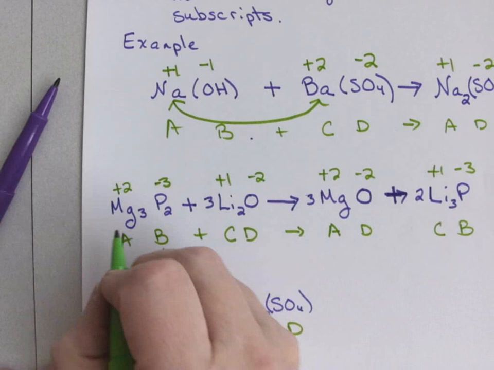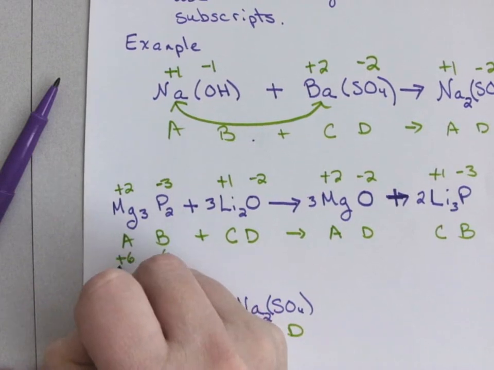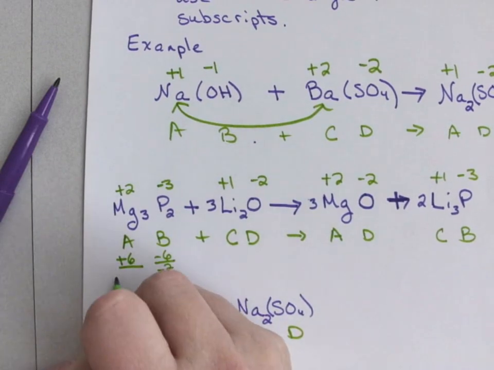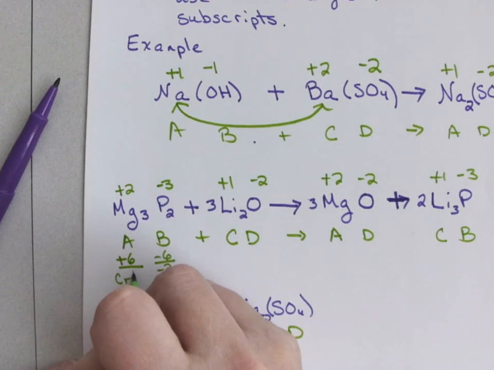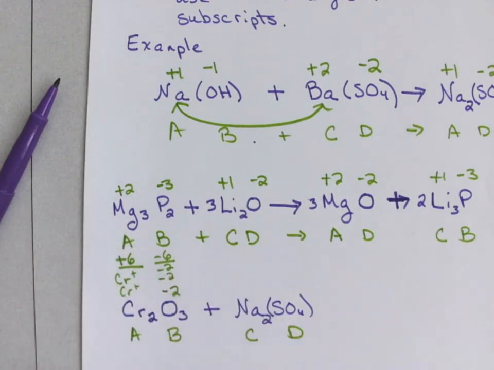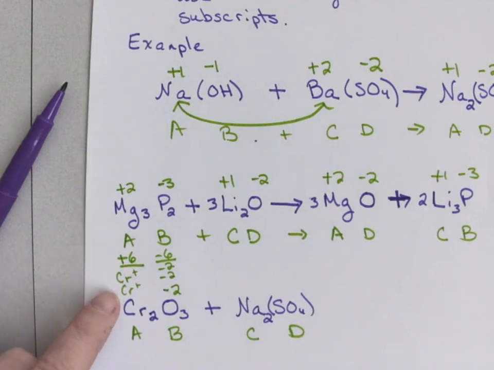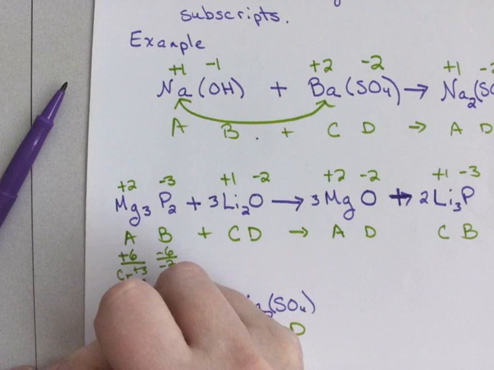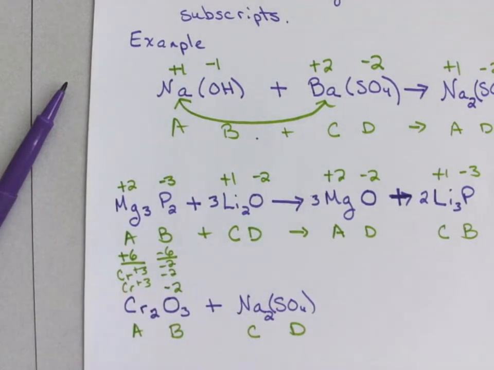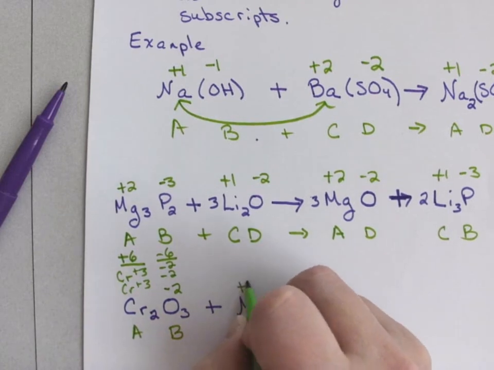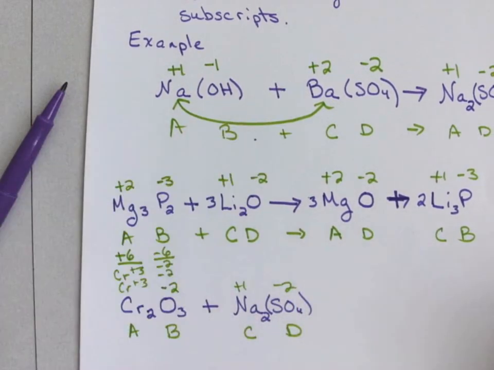Our positive side has to be the same, but positive, so +6, and there are 2 chromiums with that charge. So what's the charge on each of the chromiums? If it has to total to +6, that +6 is split amongst the 2 of them. Okay? All right. So now we know those. Sodium is always +1. Sulfate we did before, it's -2.